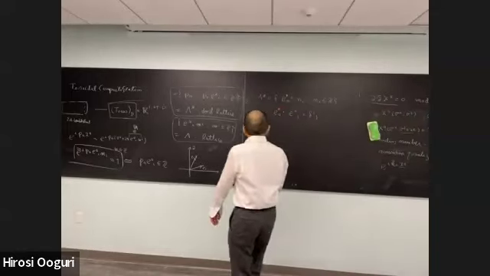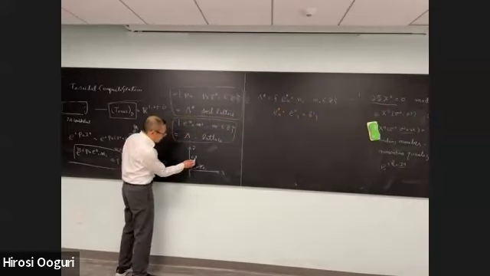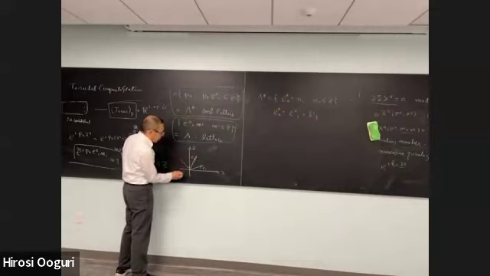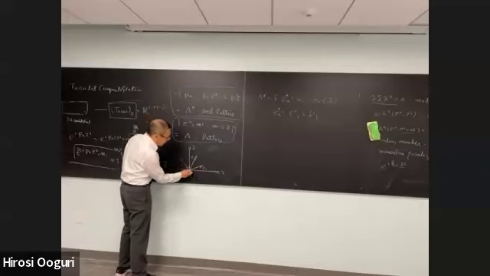That means E1 star should be orthogonal to E2, but should have a unit inner product with E1. So I guess it should go in this direction.